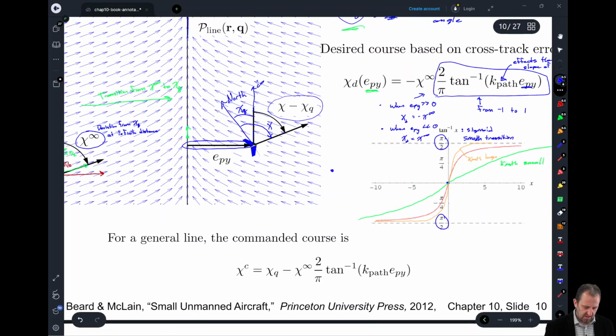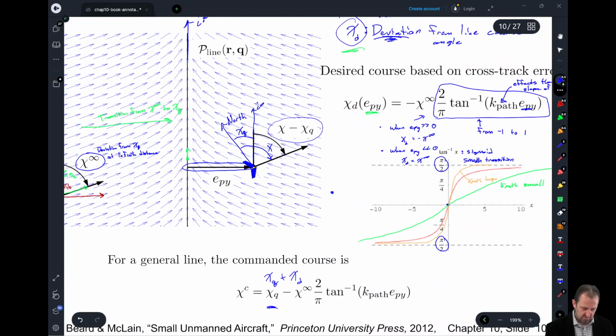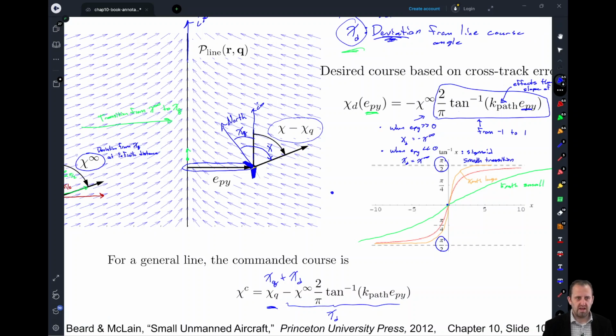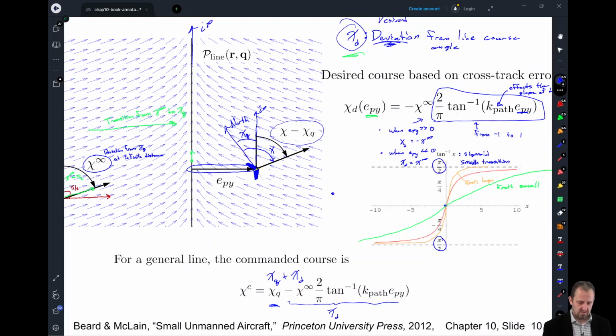And then the command is going to be chi sub q, and we could write this as chi sub q plus chi sub d, where this component right here is just chi sub d. So we have what our commanded course angle is.